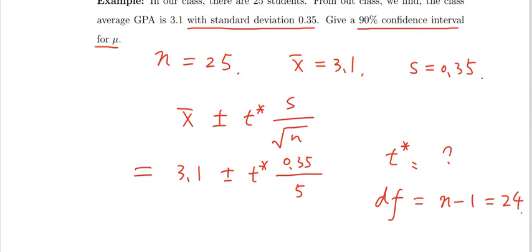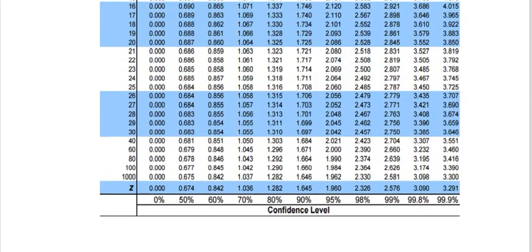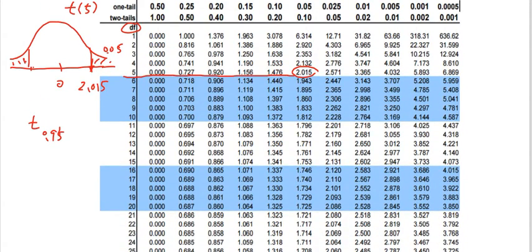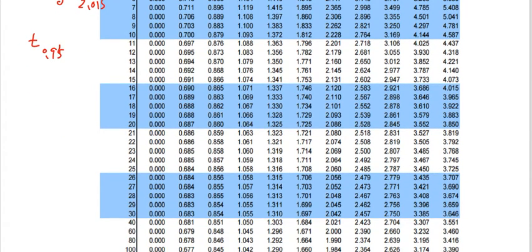So let's check this T star. Let's go back to the T distribution. Okay, T distribution, degree of freedom is 24. So we just check this line, the line for degree of freedom 24. So the confidence level is 90%.